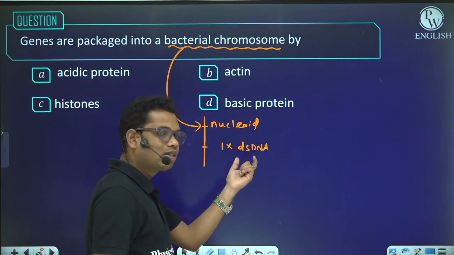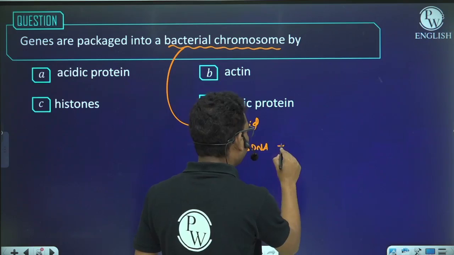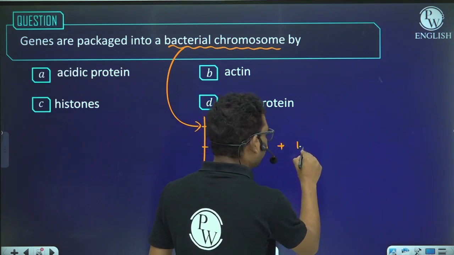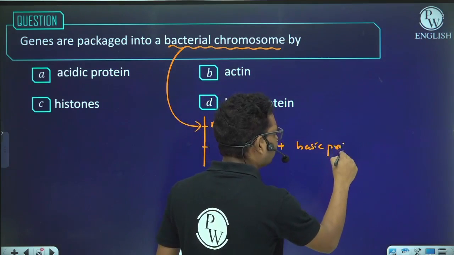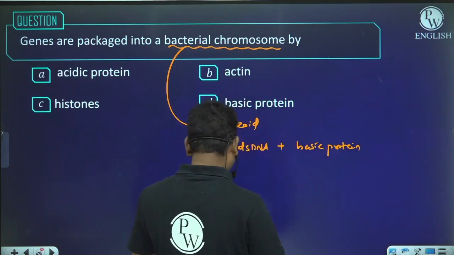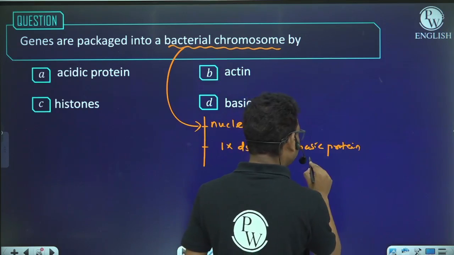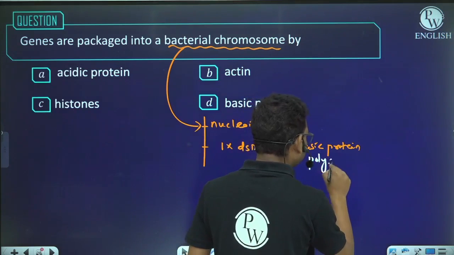The DNA for its packaging requires proteins, and those proteins are basic proteins, that means positively charged, and these proteins are not histone proteins. Examples of basic proteins are polyamines.